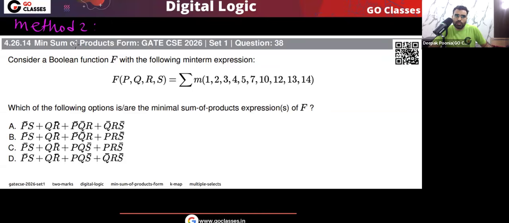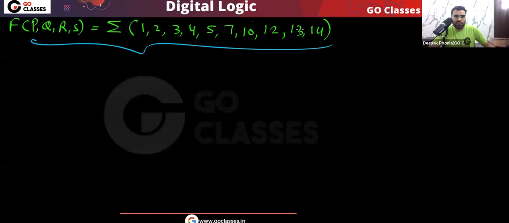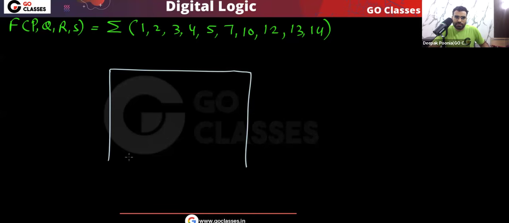So method 2 is k-map, because for this type of question, where the question is asking for minimal SOP expressions, k-map will come to your mind. Let's make a 4 variable k-map.